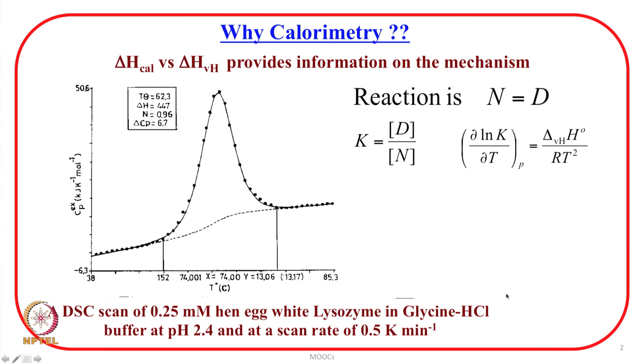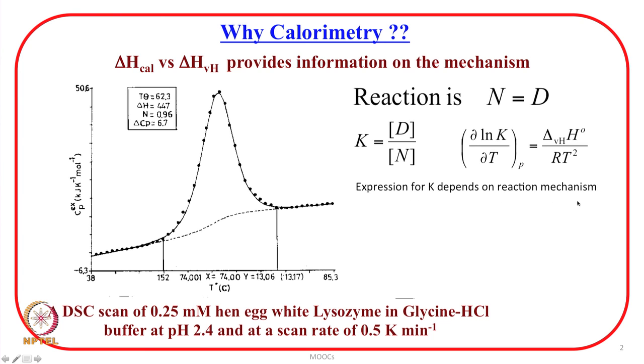Now, let us go back to our discussion that Van 't Hoff enthalpy can be obtained from the temperature dependence of the equilibrium constant, and the expression for K depends on the reaction mechanism. What does this mean?